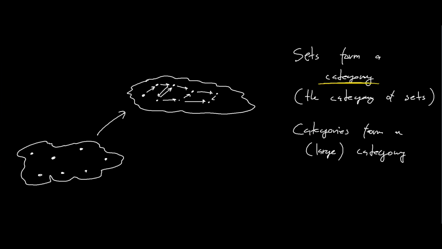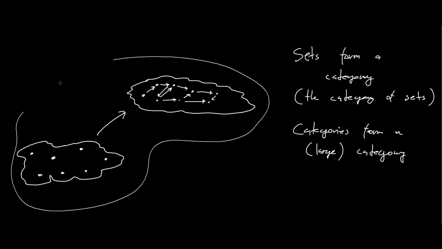So a category has more complex information than individual sets do. A category is not just a set of objects, also arrows between them. And in the same way, we expect that this large category we get will have more complexity to it than the original categories did. But now, how can we complexify it even further?